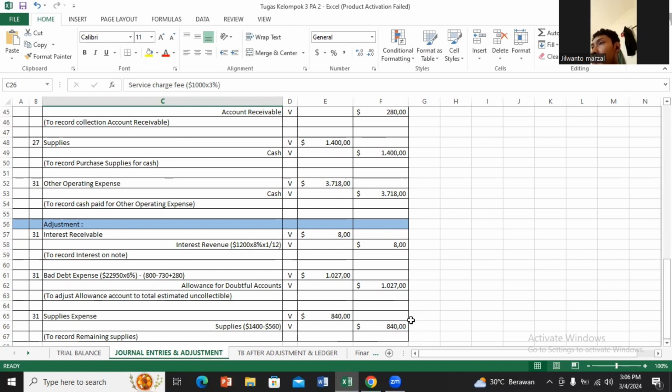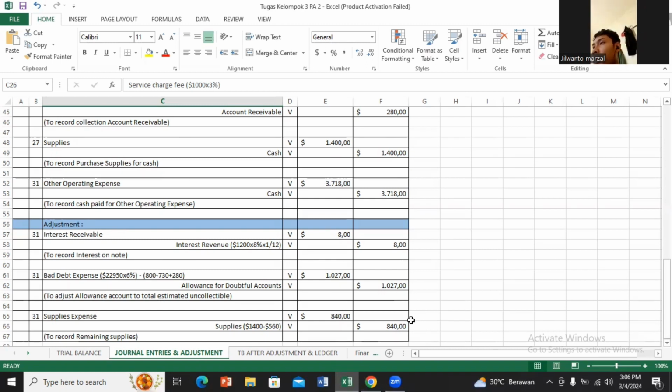We must minus it from our first supplies. Our first supplies amount is $1,400, and then minus the remaining supplies of $560. So we got the result of $840 in supplies expense debit, and then supplies in credit for $840.